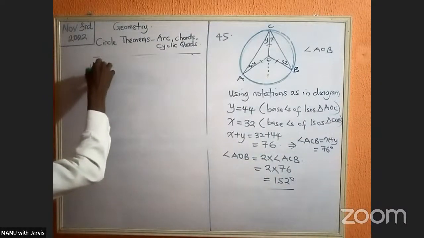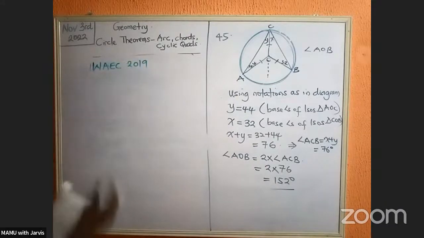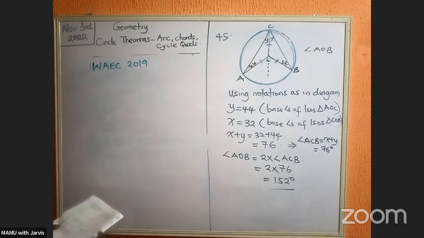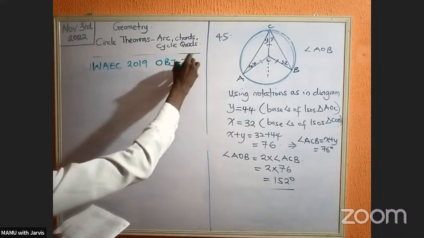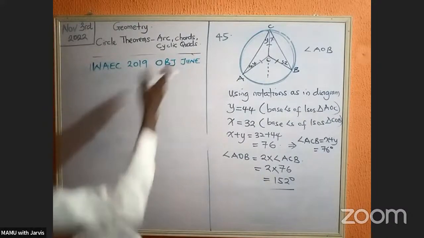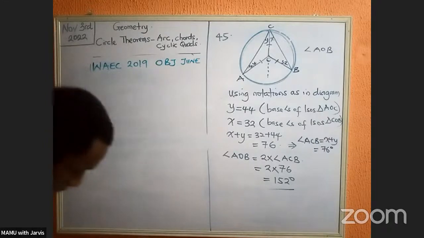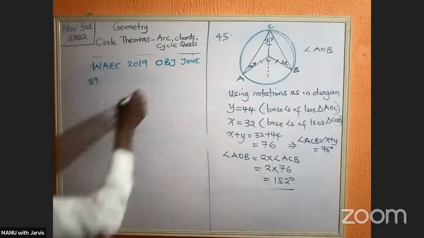WAEC 2019, and we're looking at OBJ. Essentially, it is June. We want to really emphasize that. Most times, if I don't put June, it means it is June exam. That's question number 39. The very funny one.